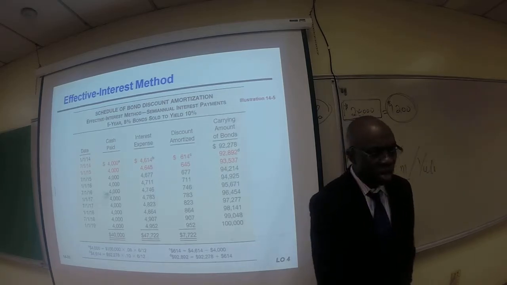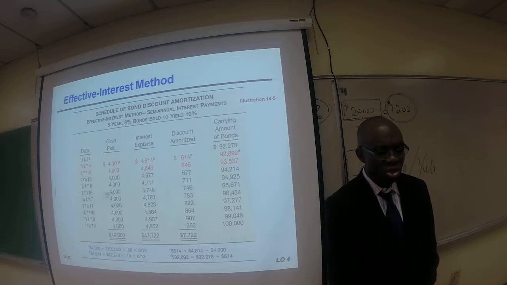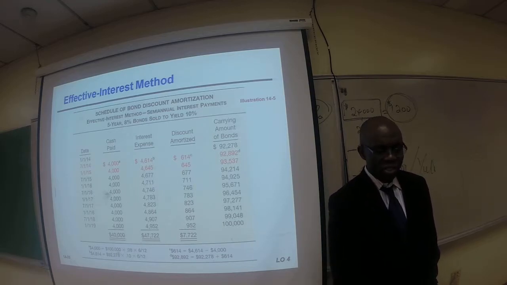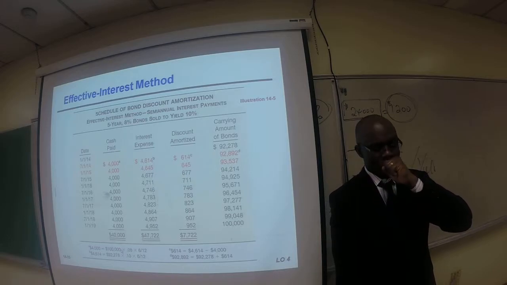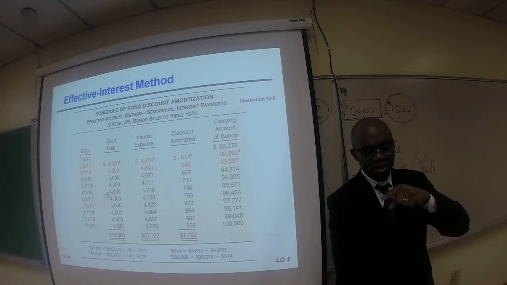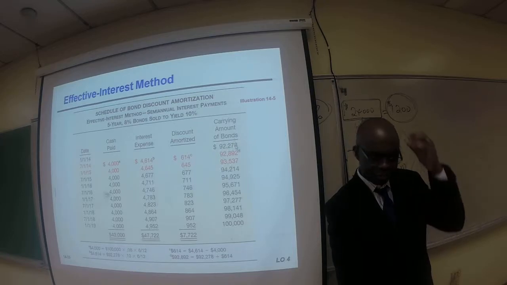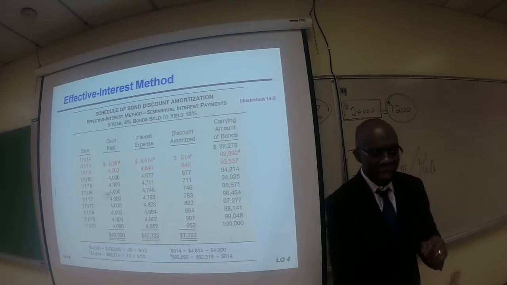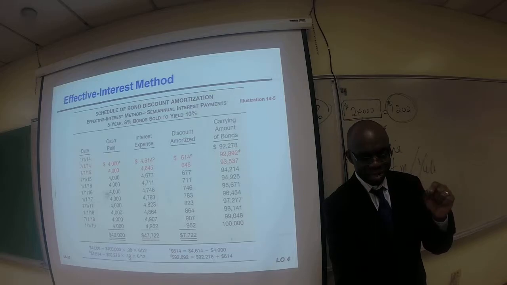Okay, moving along. So let's take a look at the calculation of interest expense. Now, like we said previously, the interest expense for the effective interest method is the carrying value of the bond, in this case 92,278, multiplied by the effective interest rate, in this case 10%.